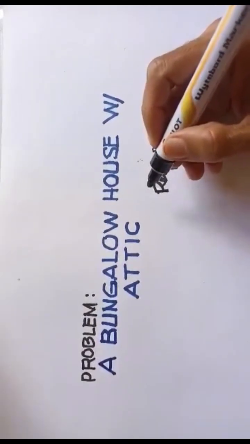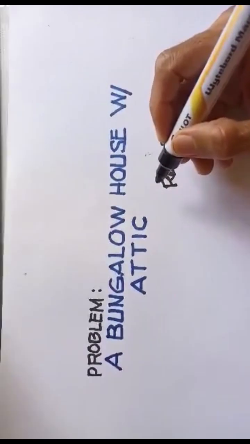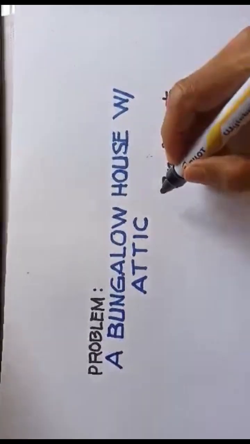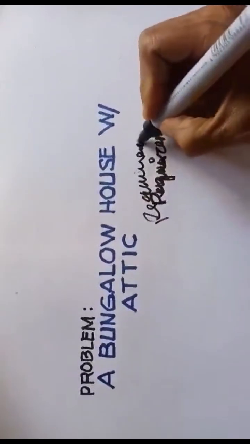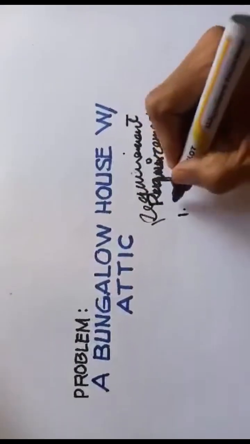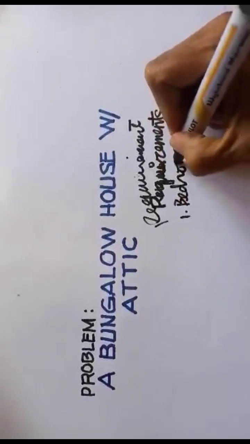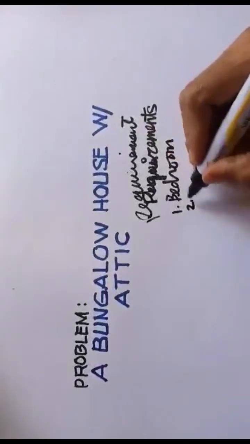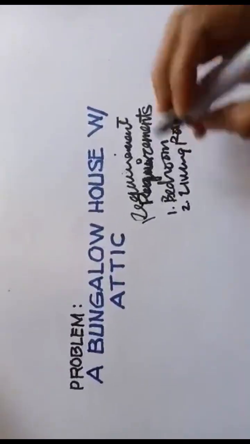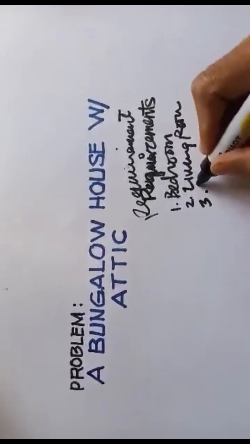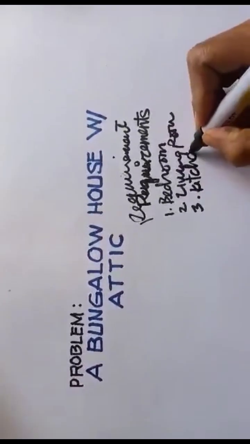You should know the requirements. So just ask yourself, what problem are we solving? So what are the requirements? We have a bedroom, what else? Living room, and next kitchen and dining. What else?